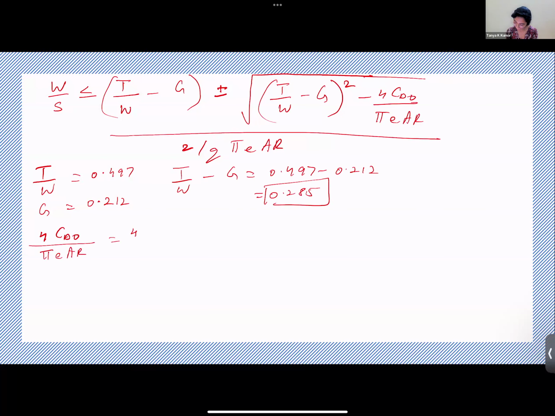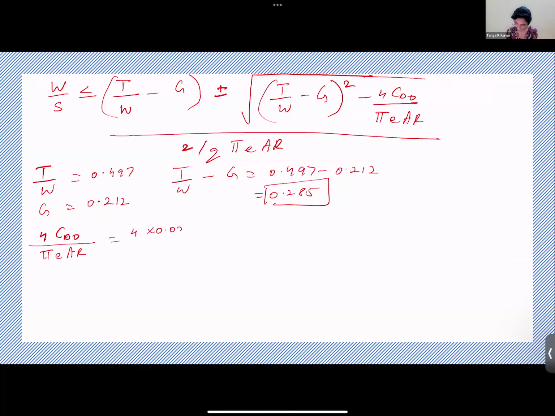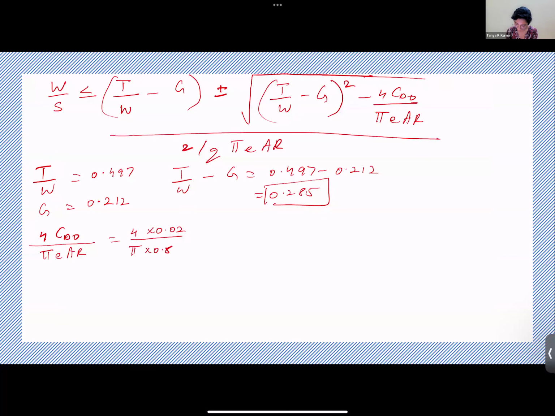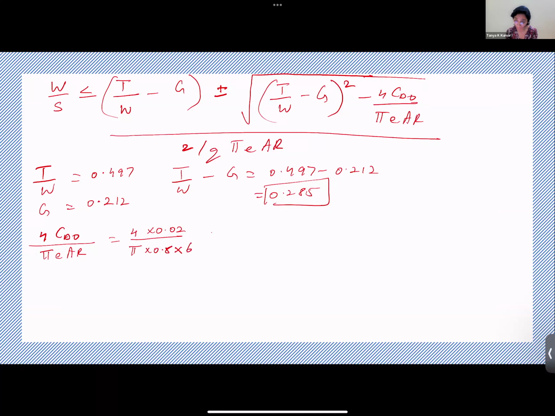So 4 CD naught is 0.02. Pi E is 0.8. Aspect ratio is 6. What is this value? Can you just calculate and tell me?